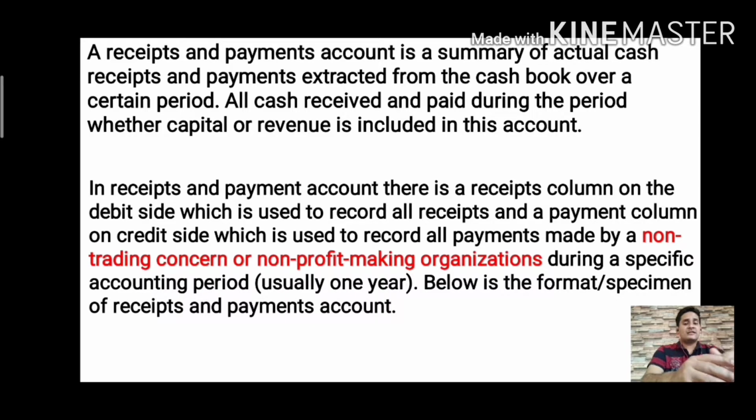You have to remember that only non-trading or not-for-profit organizations prepare this receipts and payments account. The main purpose is to know how much cash is received and how much cash is paid.